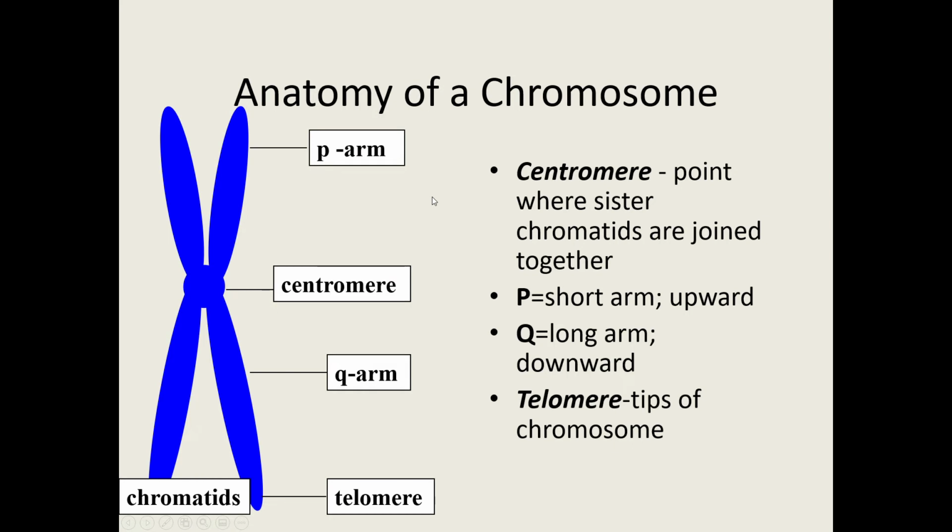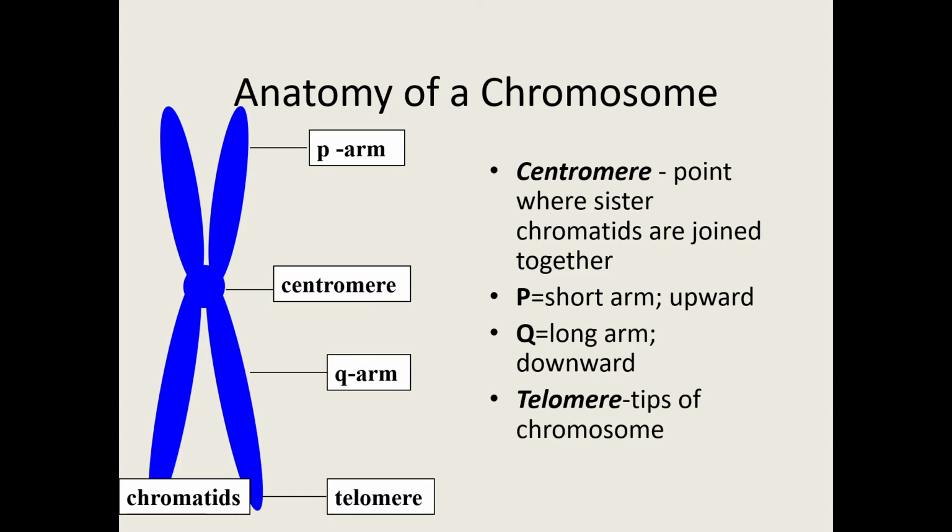This is generally how we represent chromosomes. As you can see, chromosomes are made up of different parts. There's a P arm and a Q arm. The P arm is the shorter one, and the Q arm is the longer one. The centromere is the point in the center, and that's where those chromatids are joined together.